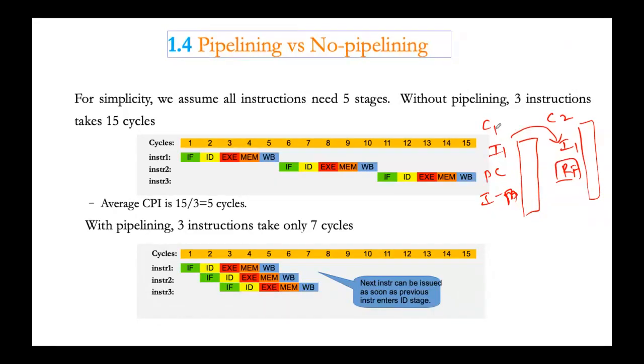Since these became idle, instruction 2 is given as an input to them. So in the second cycle, instruction 1 utilizes instruction decoding, and instruction 2 utilizes the first stage, instruction fetching.